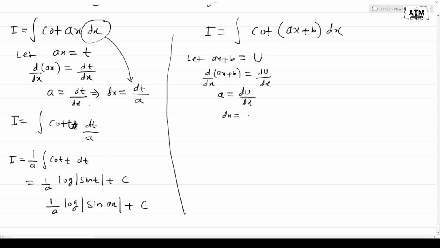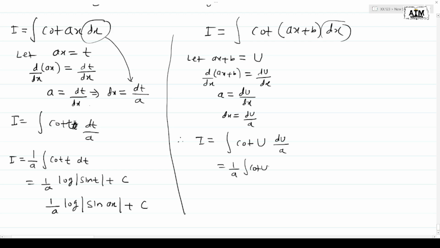Therefore dx equals du upon a, which implies I equals integration of cot, in place of ax plus b write u, and in place of dx write du upon a. Now 1 upon a is taken common.